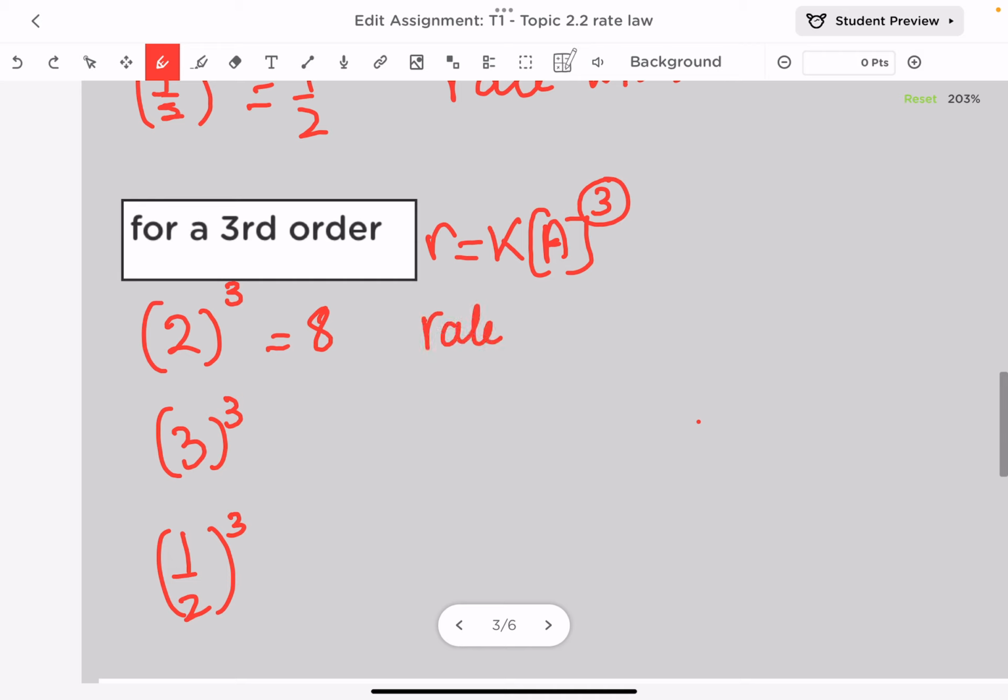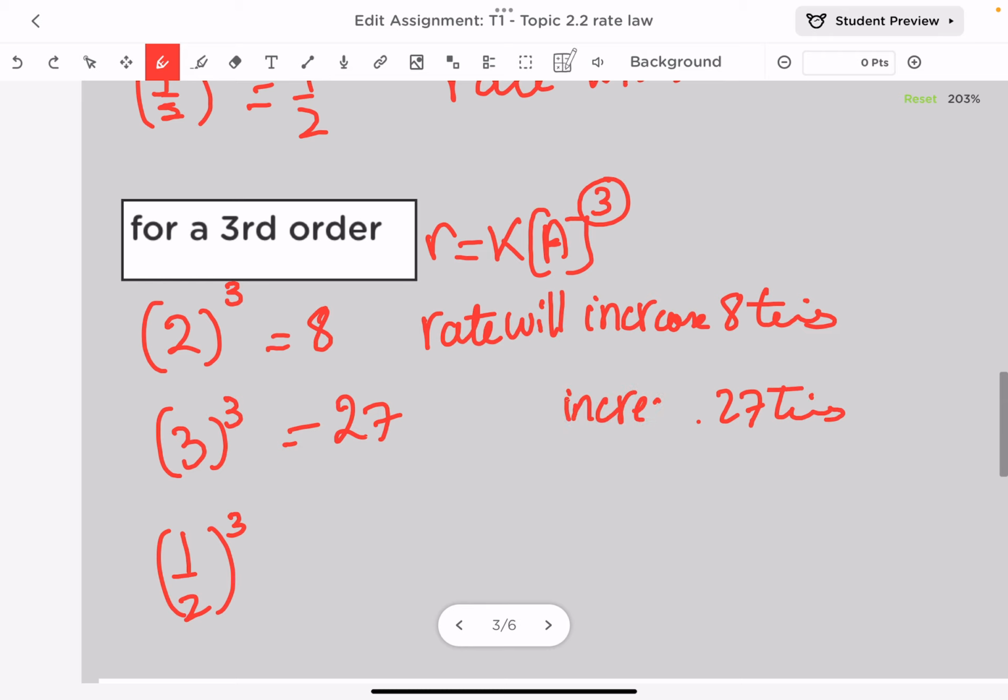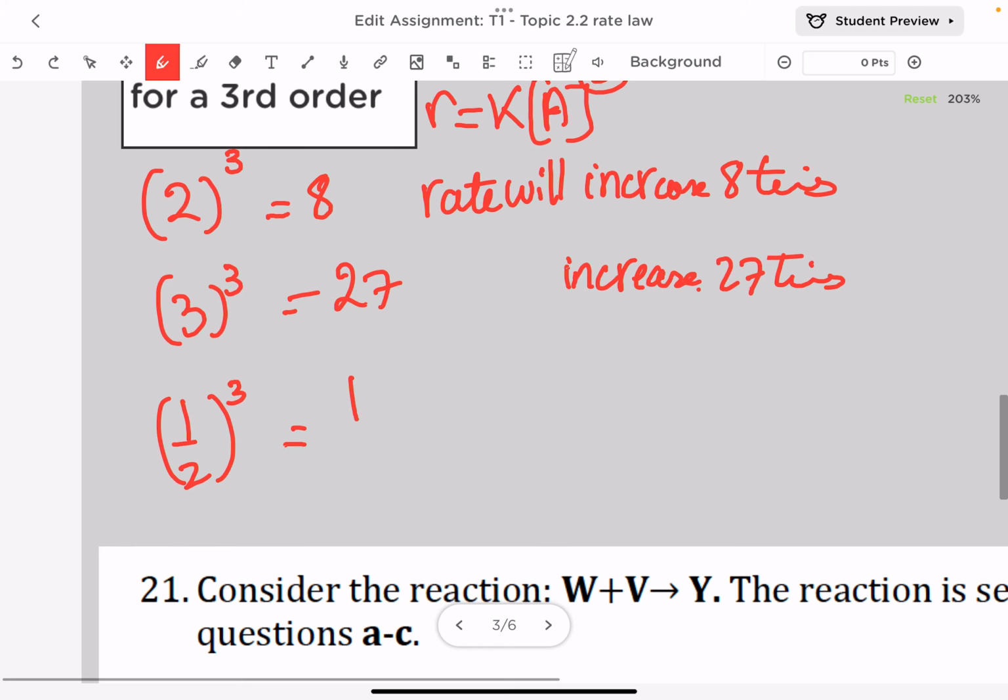So the rate will increase 8 times. If it is tripled, the rate will increase 27 times. If it is halved, the rate will decrease 8 times.